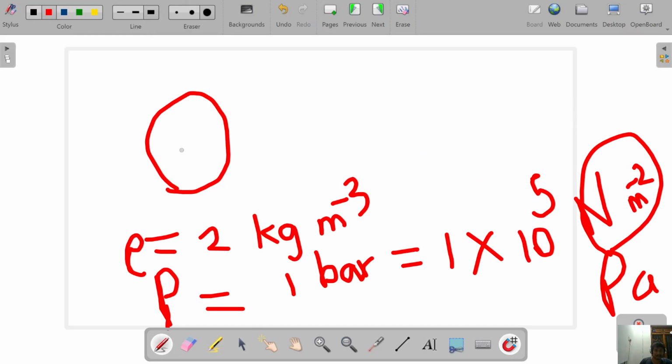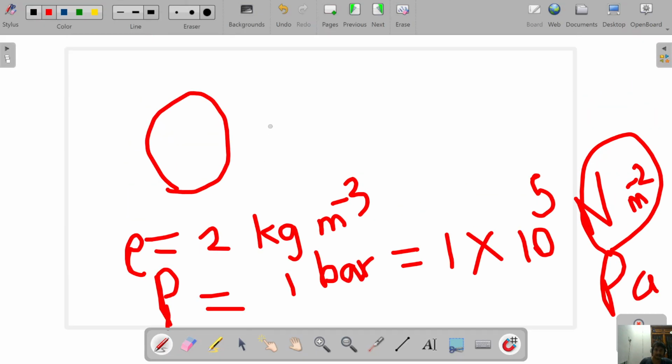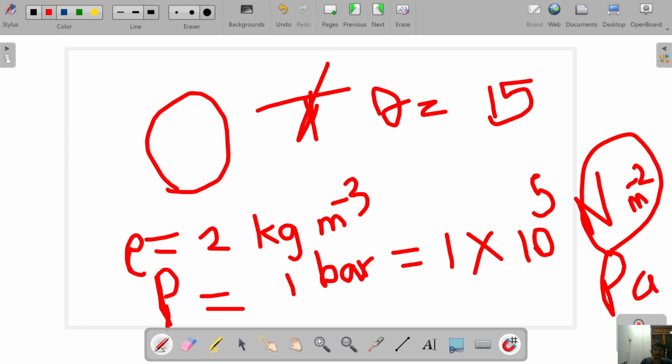At which temperature do we calculate the pressure and density? We calculate it at theta equal to 15 degrees Celsius. We cannot do these calculations in degrees Celsius.